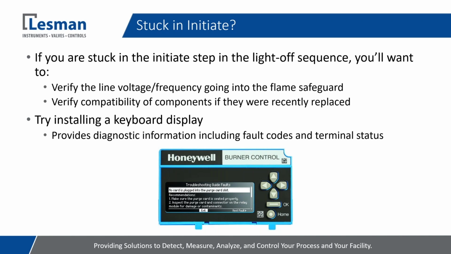Effectively, it just means that you can't use the 3-second flame amp card if you have that configuration jumper still intact. So some people just forget that they have to clip that jumper if they're going to use that 3-second flame failure response time card.